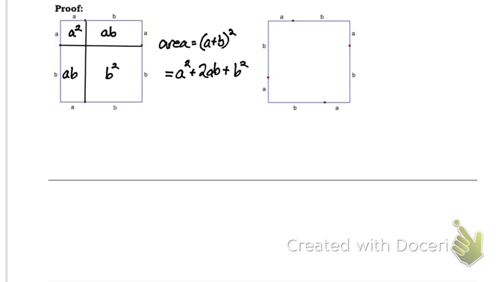And in fact, that's why FOILing works. You can break it down geometrically, and you're foiling where you do your first, outside, inside, last, when you're doing a binomial times binomial. This is why it works. It works geometrically, so it works in arithmetic. Well, that's what the area equals.